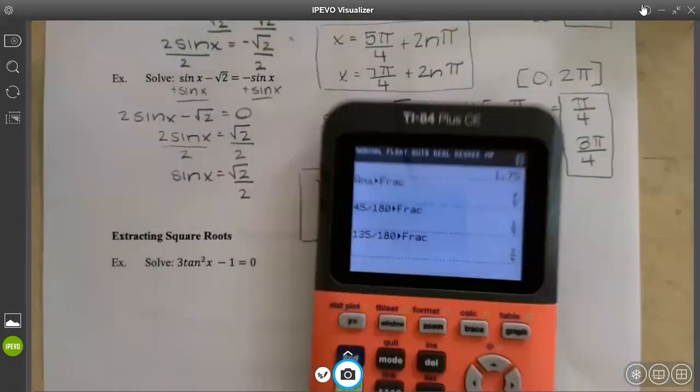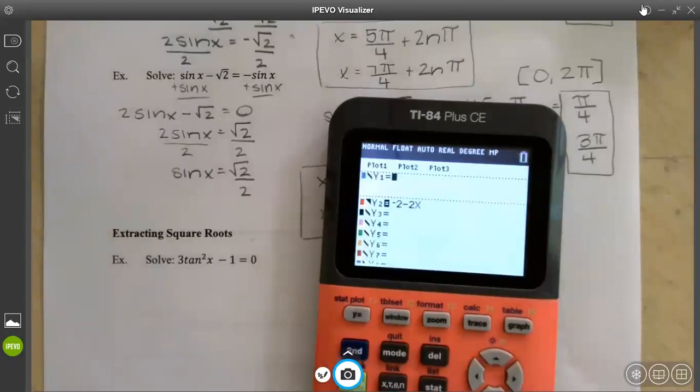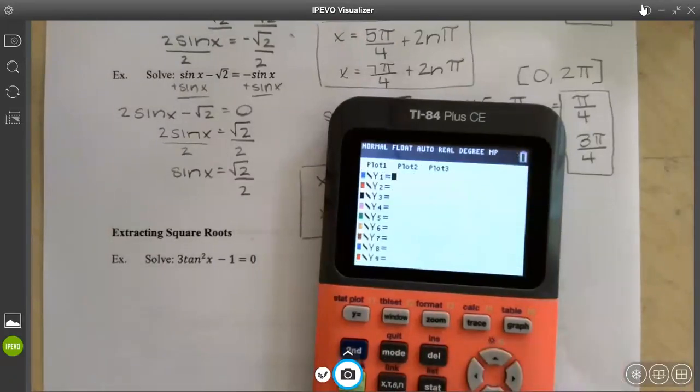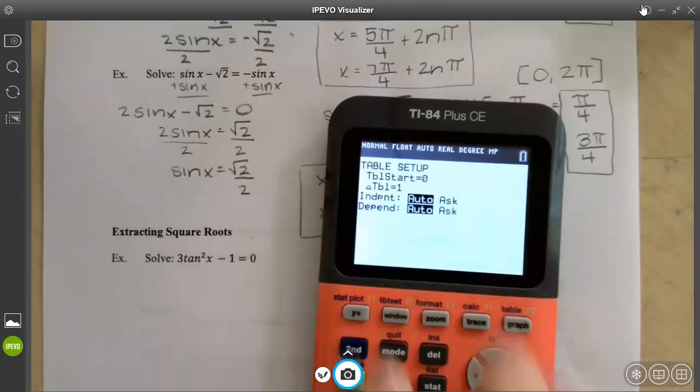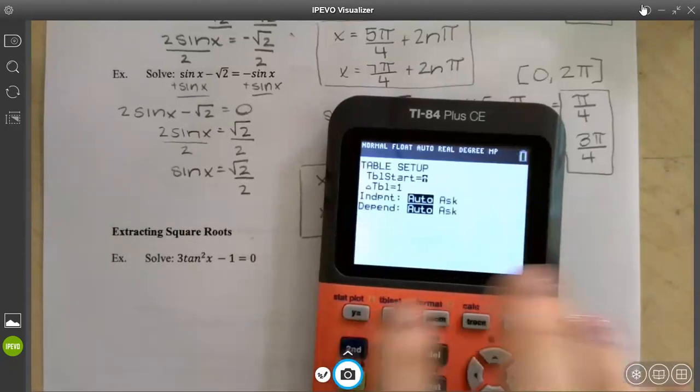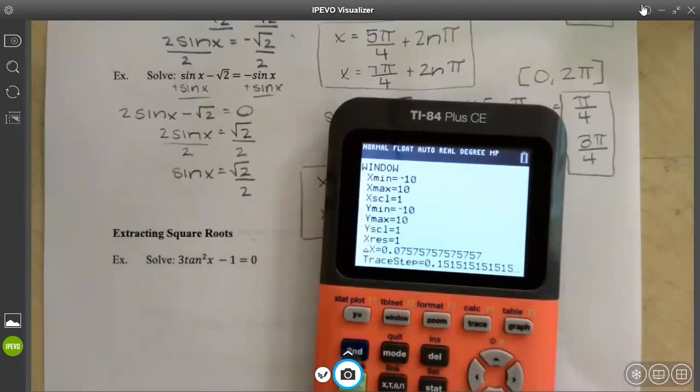Okay. What's the next trig function we're dealing with? Tan. So remember when we graphed tan, we went from, let's just say, negative 2 pi to 2 pi. And I told you about pi over 4.